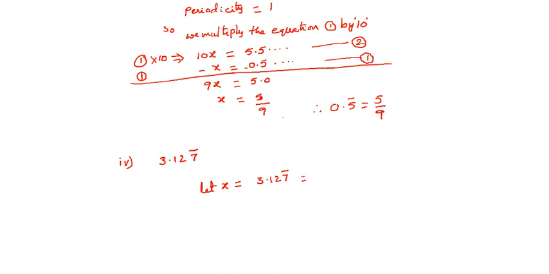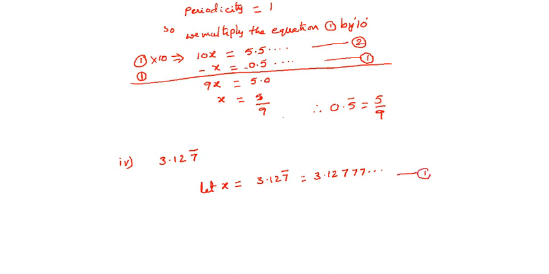That is the recurring part. So 3.127, then again you write 7. That means it is a non-terminating recurring decimal. You take this as equation 1.